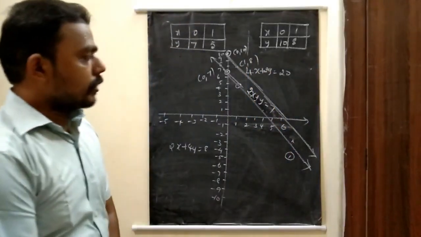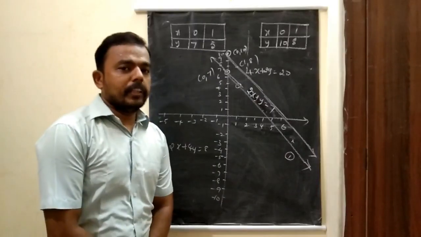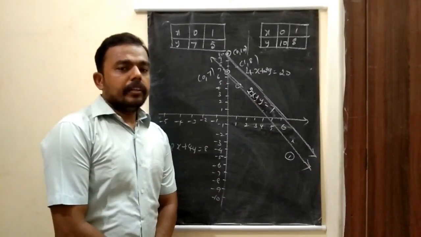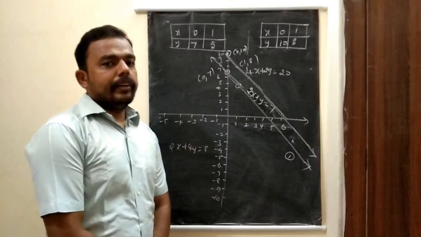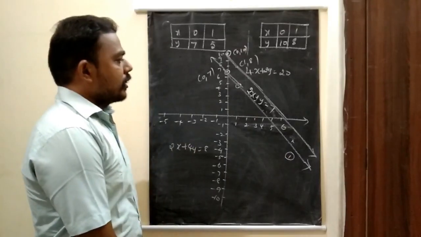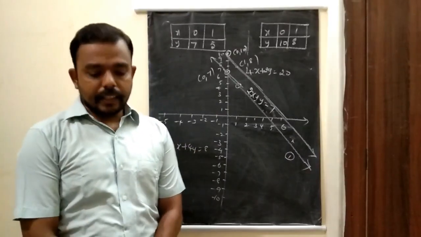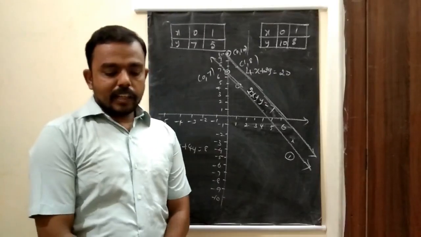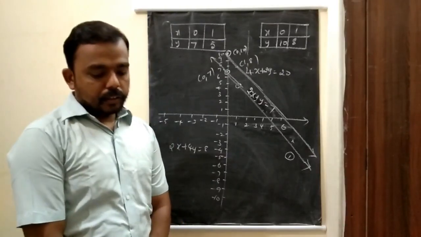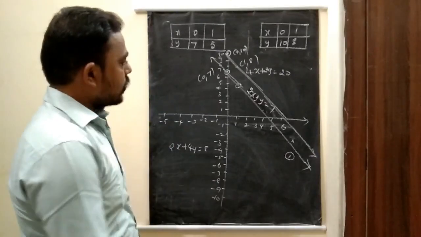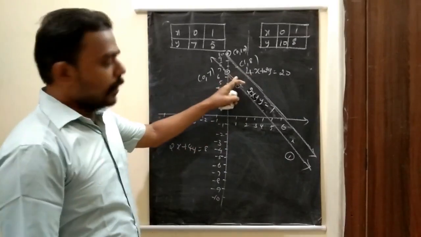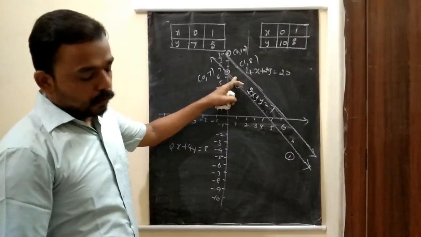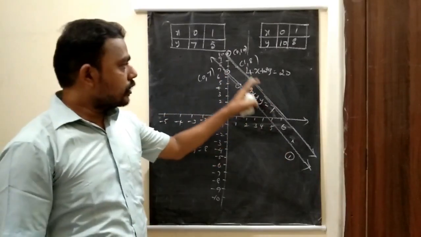This is the situation. Now think about the previous problem. In this problem you may think there is a solution, but here no solution is possible, because 2x plus y equal to 7 gives this line.